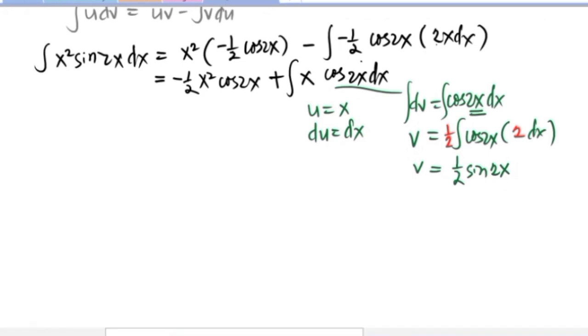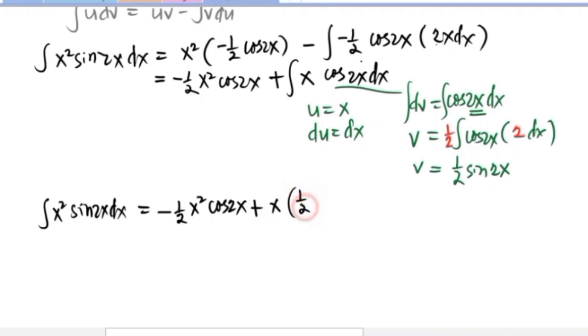So we would have the integral of x squared sine 2x dx is equal to negative 1/2 x squared cosine 2x plus uv, your u is x and v is 1/2 sine 2x minus the integral of v du, so it's 1/2 sine 2x, your du is dx.